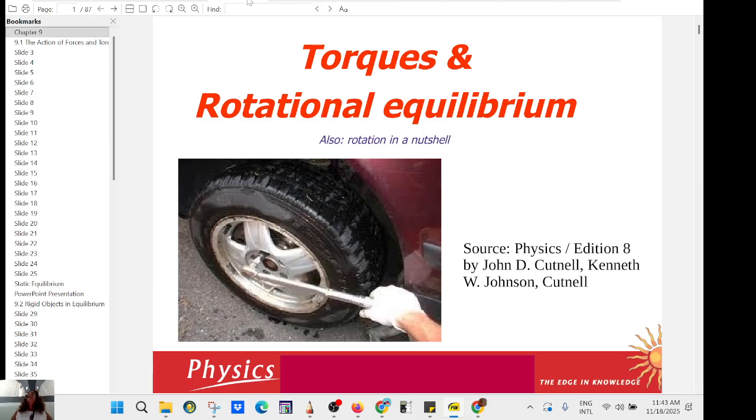Okay, very important now, new unit, and we're going to talk about torques. So far we have seen linear motion, and now we're going to see rotational motion, right? You can think of a torque as a twist about an axis of rotation.